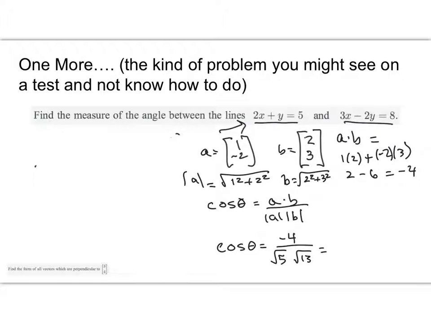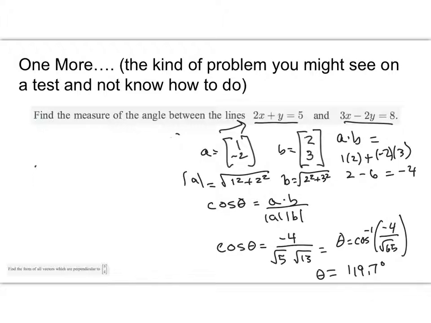Okay, so that gives me an angle where the arc cosine is negative 4 over radical 65. That gives me an angle of 119.7 degrees.